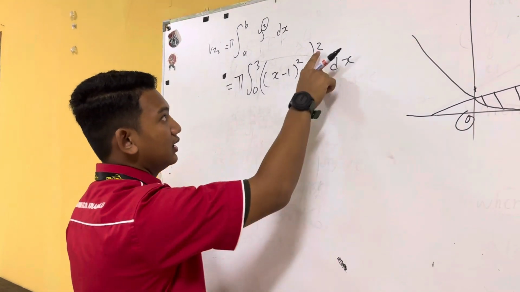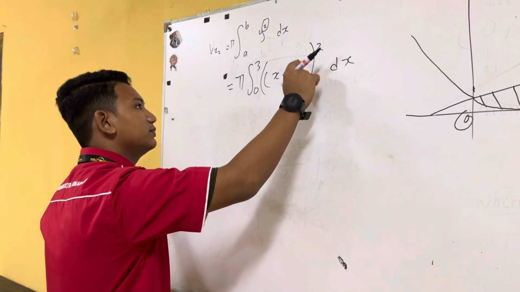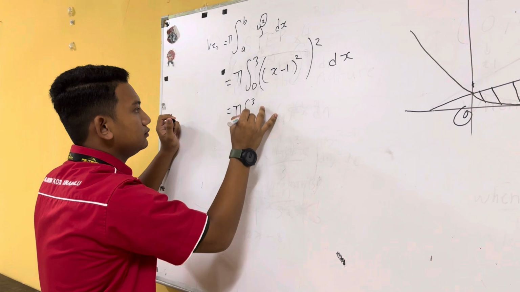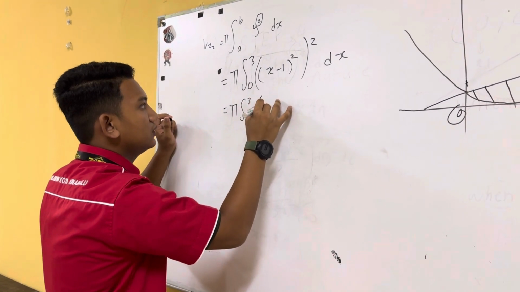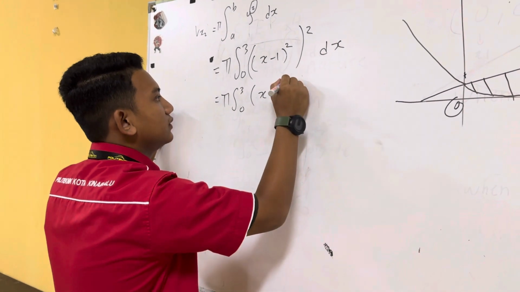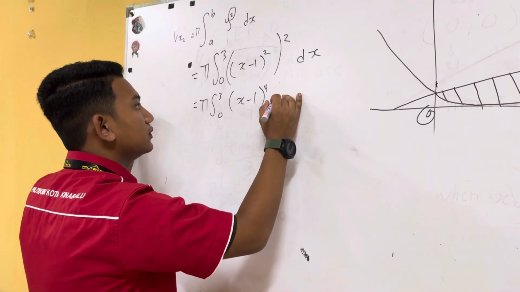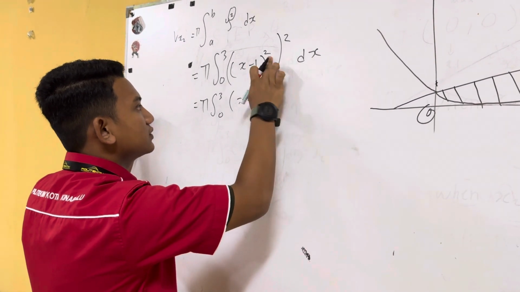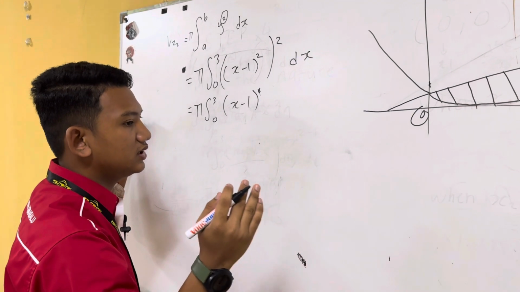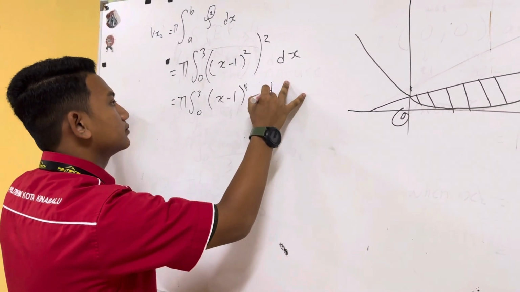First thing, finish these two powers. So 2 plus 2 is 4, because the power we just add.